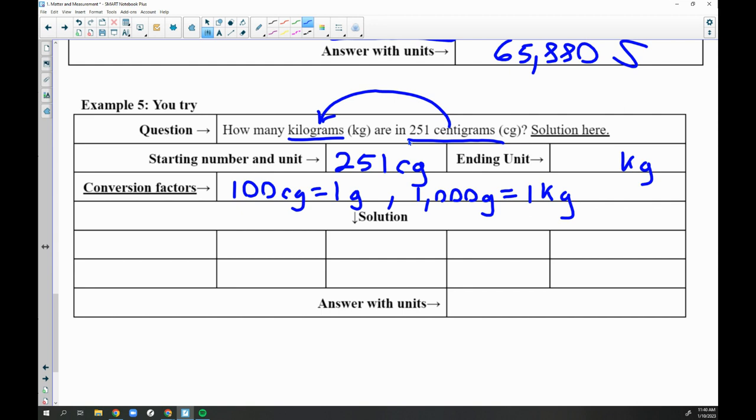You don't have to memorize those. So we put this down here in our starting number in unit place, 251 centigrams over 1. And step 1 is we're going to use this first conversion factor to convert from centigrams to grams. So what goes on the bottom? Centigrams. You guys seem to have this.